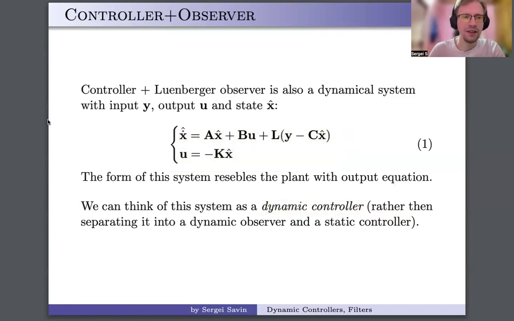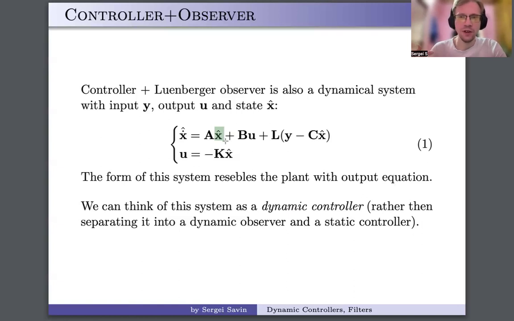Now, this way of thinking points out that this controller has internal state, which would change with time. Previously, last lecture, we thought of x hat as estimate of x, right? We thought that x hat would simply be our best guess of what x currently is. But it doesn't have to be that. With Leuenberger observer, it is what it is, right? It is best estimate of x.